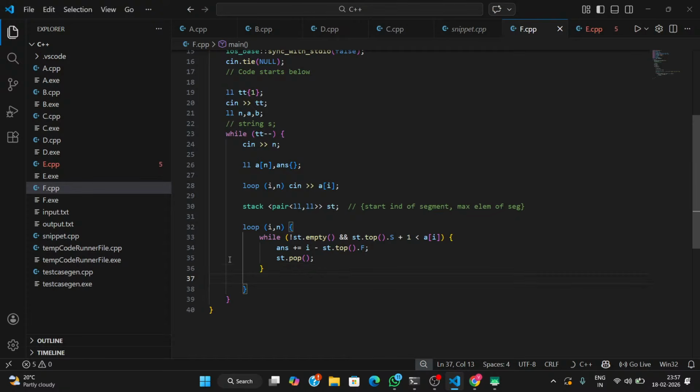Correct. And now also we need to check one thing.